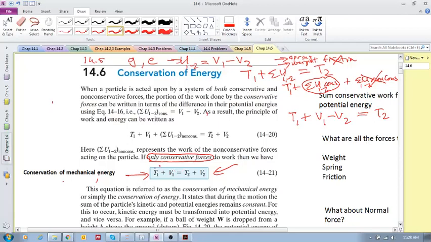So what this means is that we are conserving energy. The total energy at state 1 is equal to the total energy at state 2. I'm not saying that T1 equals T2, and I'm not saying V1 equals V2. No, I'm saying the total energy at state 1, kinetic plus potential, is equal to the total energy, kinetic plus potential, at state 2. So let's look at an example.